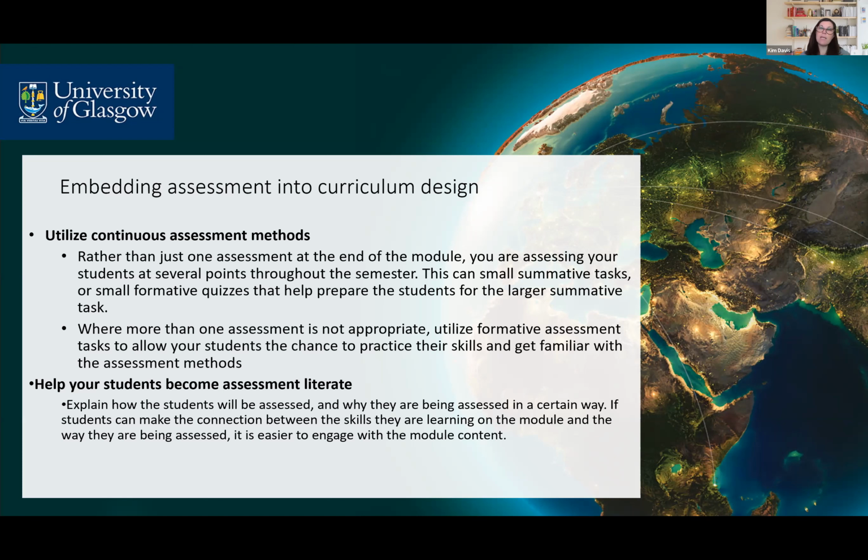Where does it make sense to chunk the learning content and then assess them? Or how might you get them to do things in small stages so that by the end of semester, they can put all of these smaller assessments together into one big piece of work?